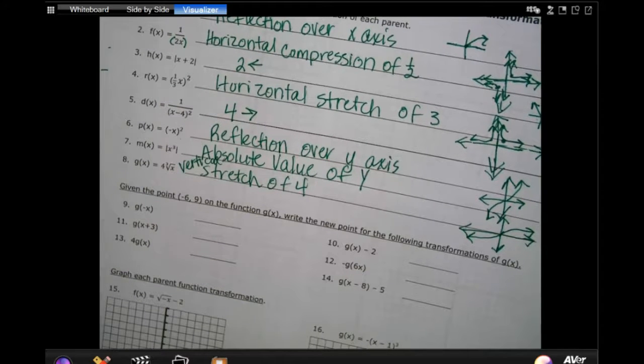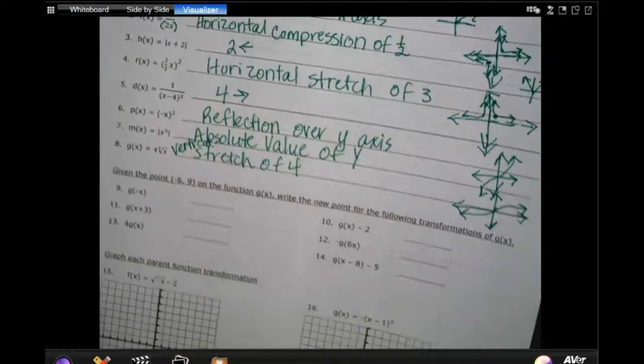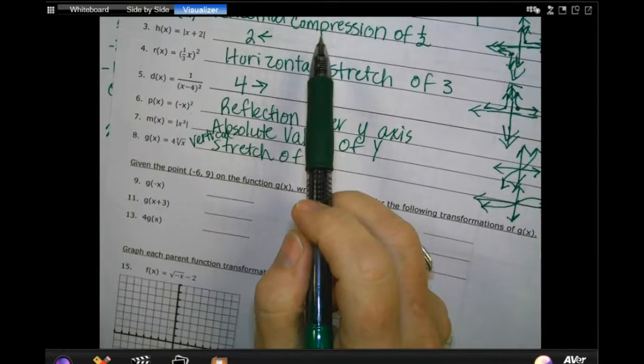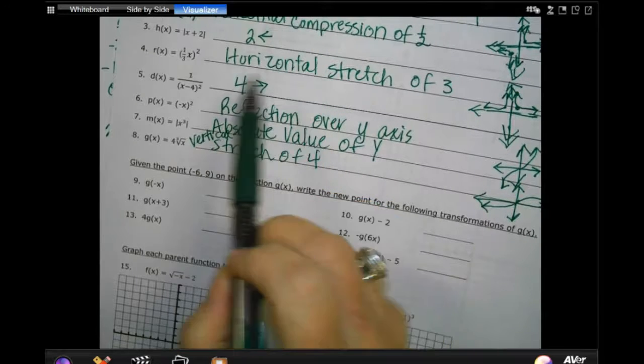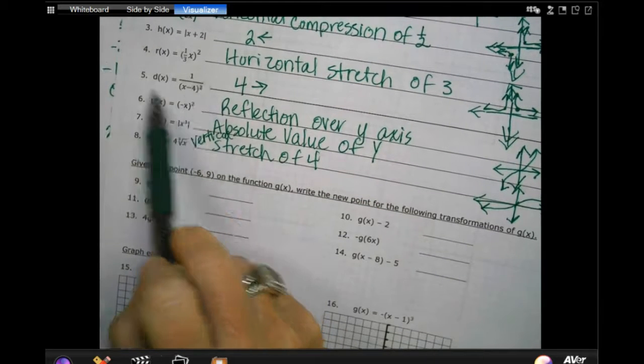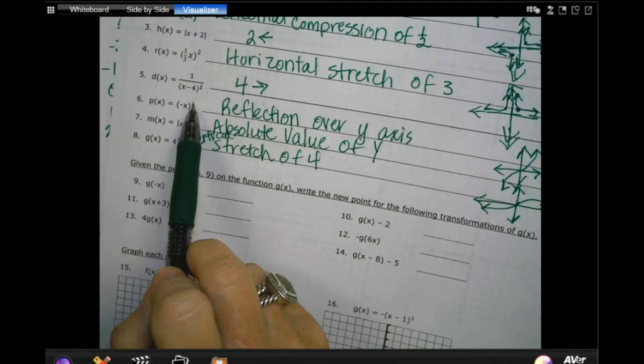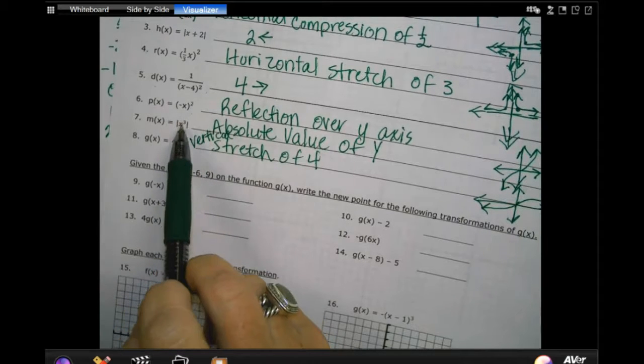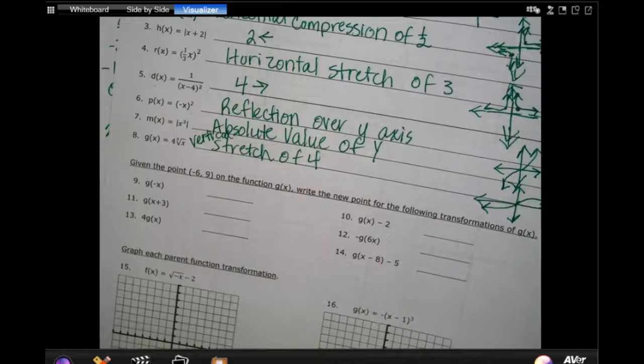All right. So the other thing is, there's a whole section on the front page that's matching. It's going to give you an equation, like 1 over x minus 4 squared. And there are graphs, and you just have to pick the graph that matches.